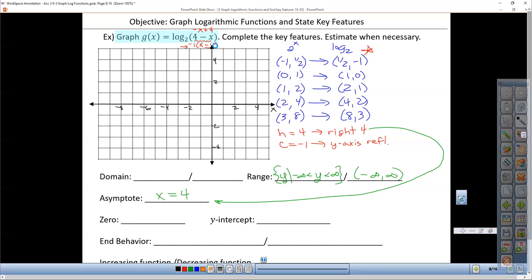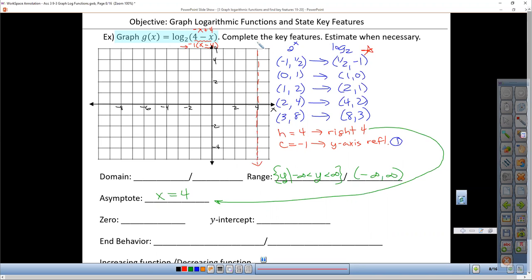All right, so now let's start transforming points. I'm going to start with (8, 3). Remember, you have to do your y-axis reflection first, then move right 4. Oops, my asymptote. Let's put that in there. Dash line for my asymptote.